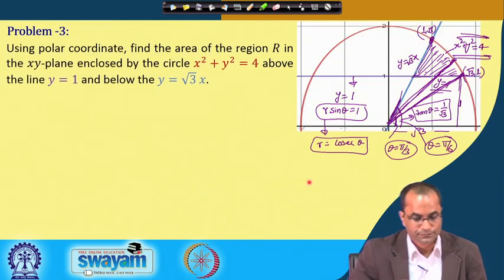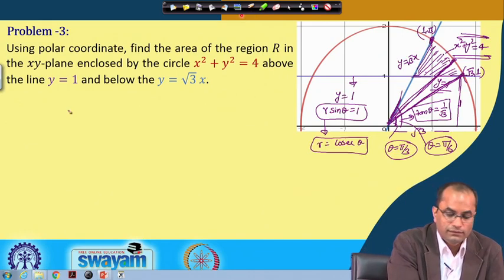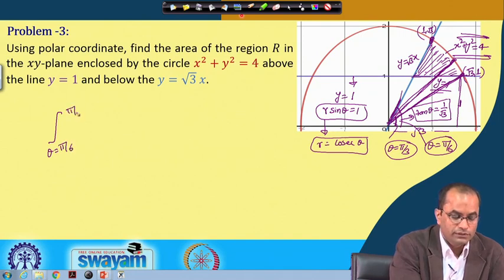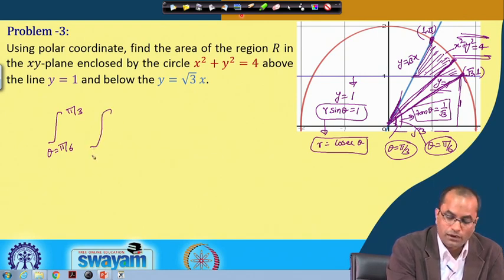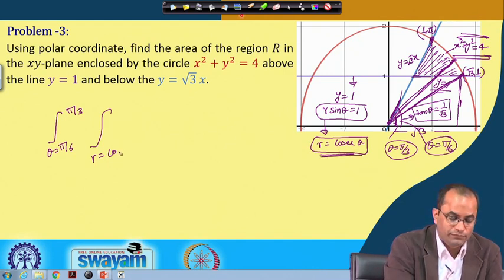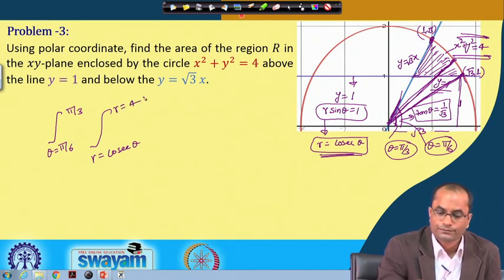So, that integral will have limits for theta from pi by 6 to pi by 3, and for r we are going from this line, whose equation in terms of theta is r is equal to cosec theta, up to r is equal to 2.